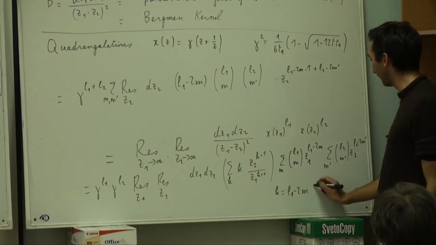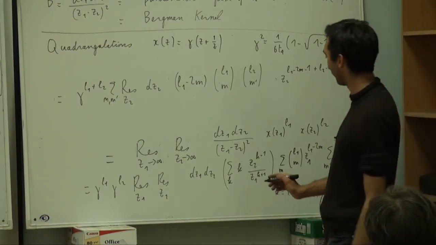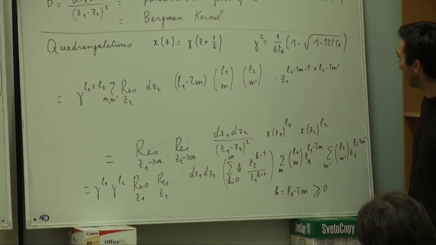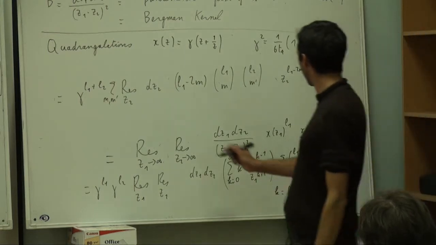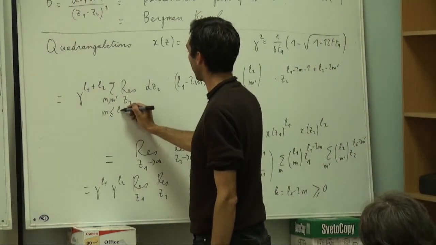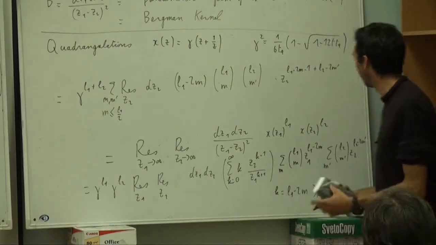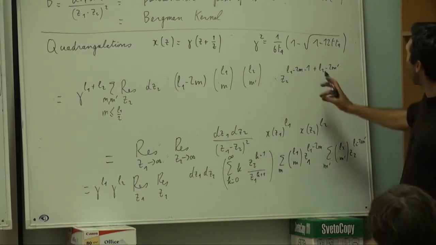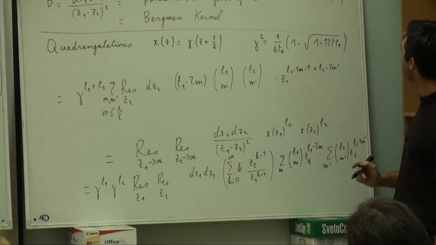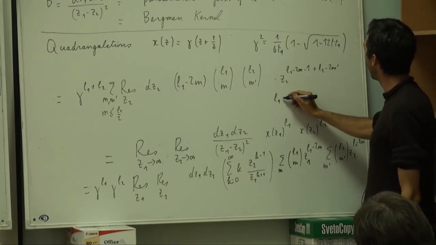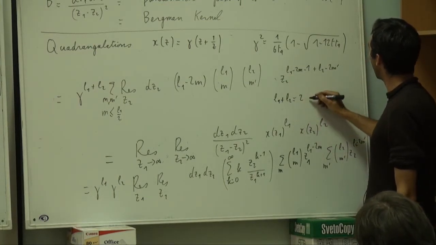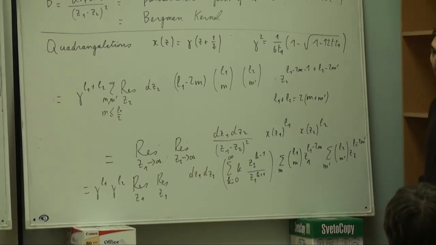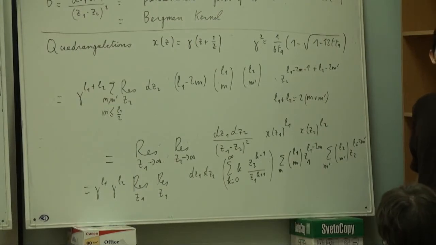We had the constraint that k must be positive because the sum was over k equals 0 to infinity. So now we know that m should be smaller than L1 over 2. And now we want to compute the term in z2 to the minus 1. So this means that L1 plus L2 must be equal to 2m plus 2m'. So we see that L1 plus L2 had better be even, otherwise we'd get 0.